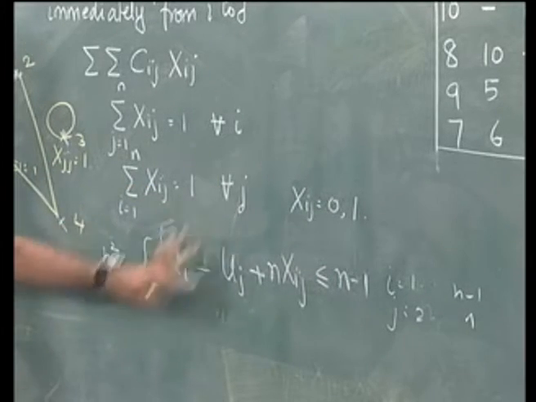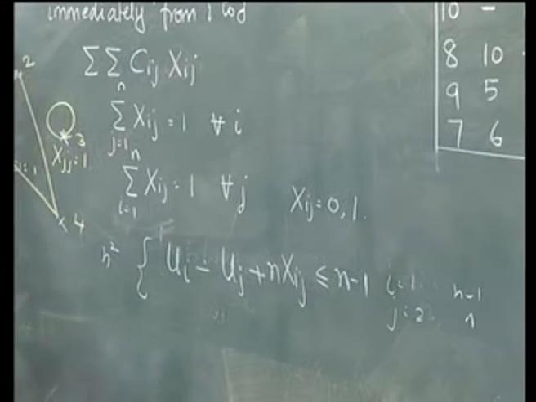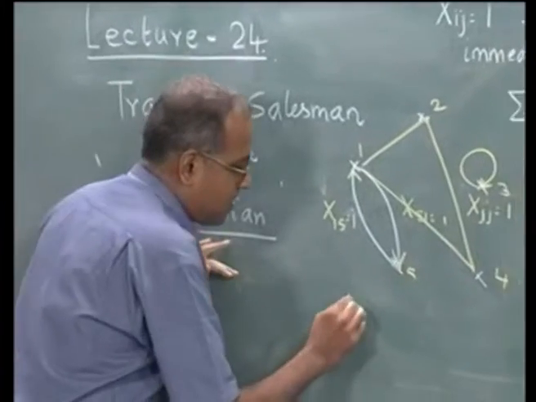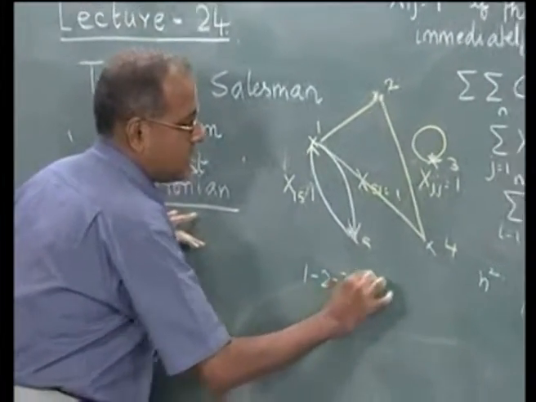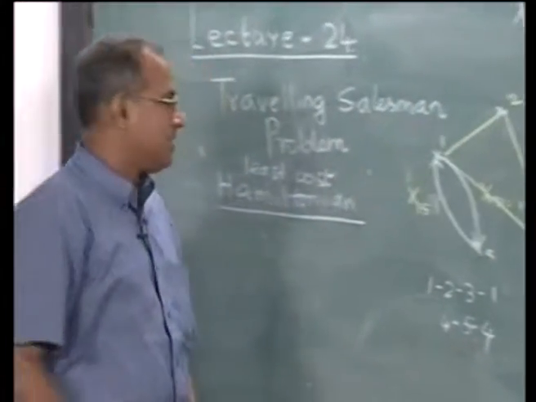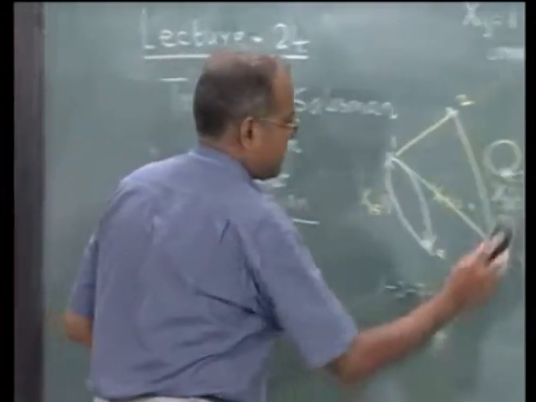Now, how do these constraints work? We have also introduced ui and uj, so n more variables into the formulation. Now, let us see how this constraint works. Let us take a situation where we have a subtour 1, 2, 3, 1 and 4, 5, 4 for a TSP. That is, I have a 5 city problem.